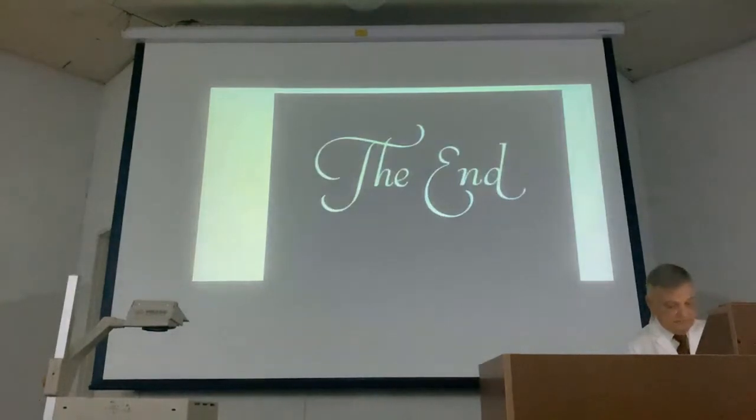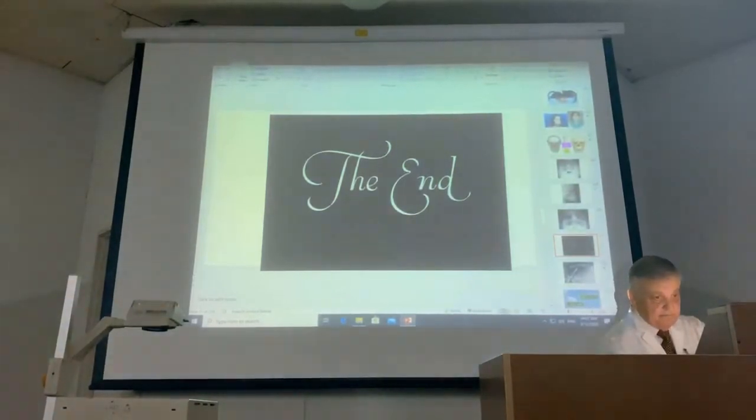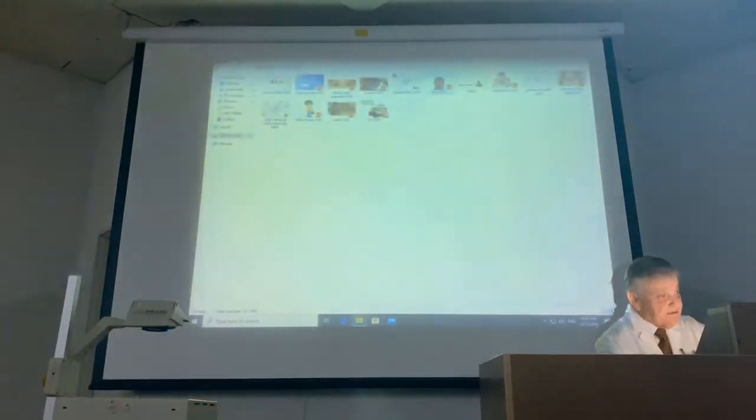Tumors. So the face is very important. Don't forget that the face has valveless veins.